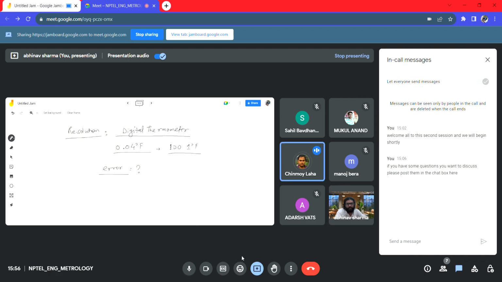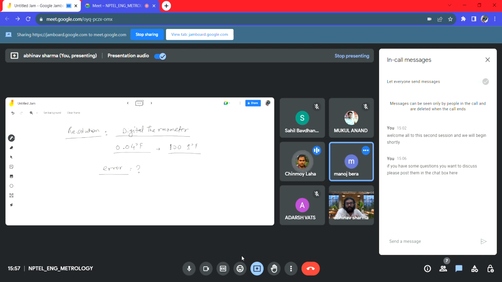Sir, could you repeat again the question? Okay. So my question is, we are using a thermometer. The resolution of my thermometer is 0.04 degree Fahrenheit. The value that I am measuring right now is 100.1 degree Fahrenheit. What is the possible error in the value that we are measuring right now?